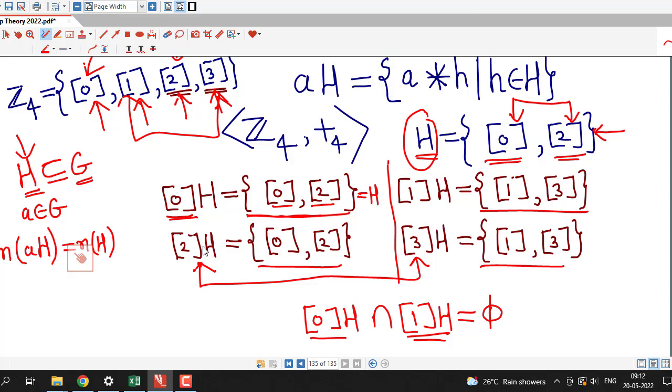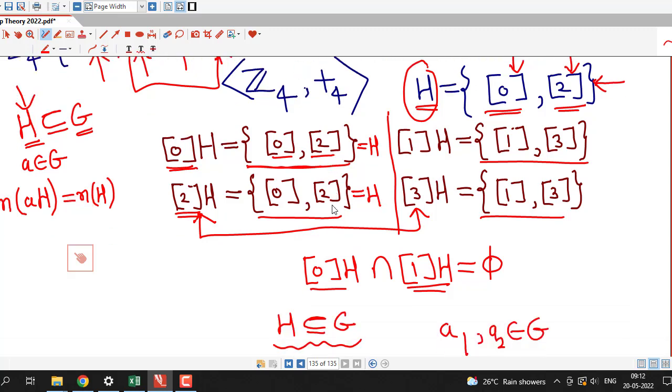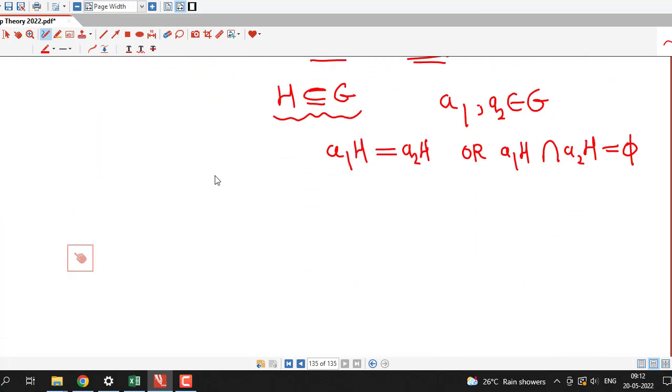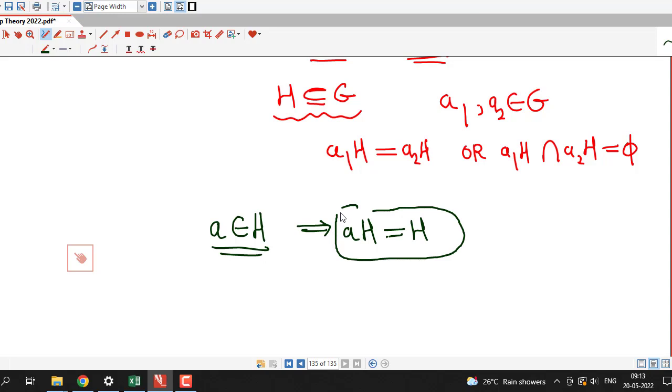Similarly, the left coset corresponding to element 2 is also H. So this is another important property: if we find the left coset corresponding to an element which is also present in the given subgroup, then the left coset corresponding to this element is always equal to the given subgroup.